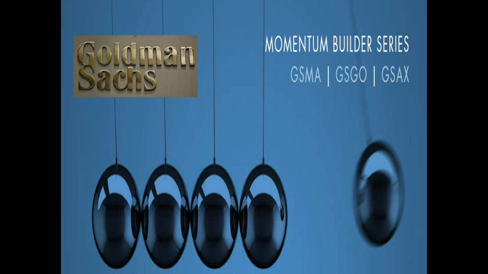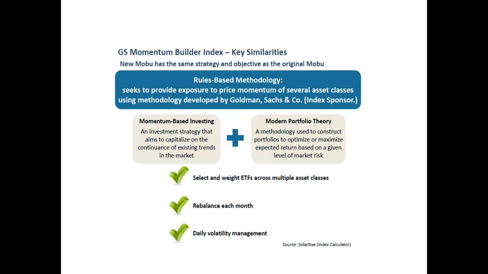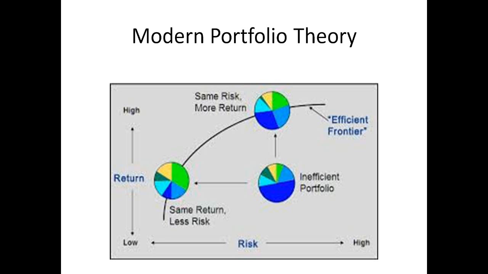This is a unique product diversified over 7 different asset classes. It utilizes momentum-based investing and modern portfolio theory in a mathematically based formula to generate consistent returns across 7 different asset classes. Just a quick refresher on what modern portfolio theory is. It's basically balancing risk and reward and reaching that efficient frontier where you've got the perfect balance between the risk the investor is taking and the return they're getting.